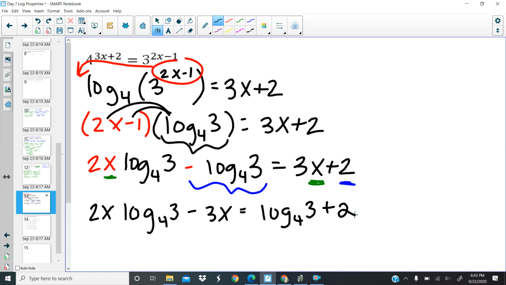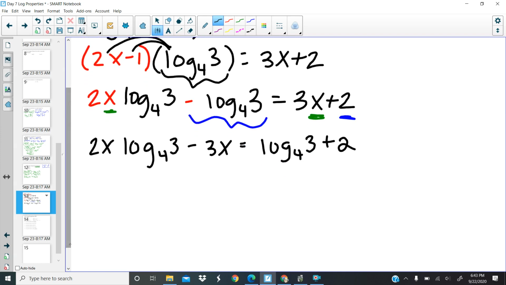So then at this point, I have all of my x's on one side and all of my numbers on the other side. So the whole right-hand side is just a number right now. It just looks more complicated than that. So the next thing that I'm going to do is I'm trying to get x by itself, and it's in both of these terms now. So what I'm going to do is I'm going to factor an x out to the front.